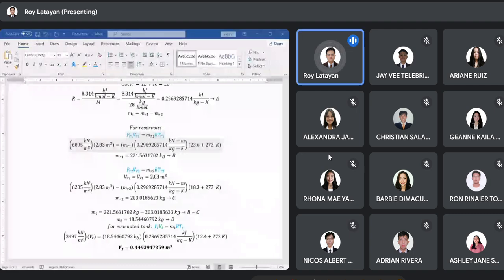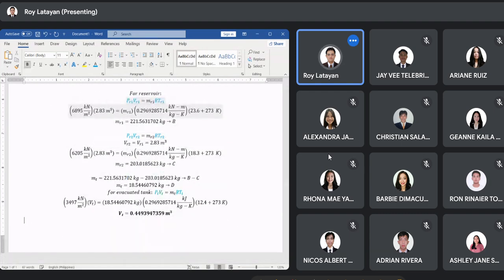Sample problem na lang siguro, baka makita. Sample problem na siguro din sa Hipolito. Sure.